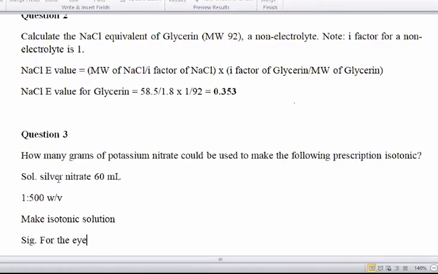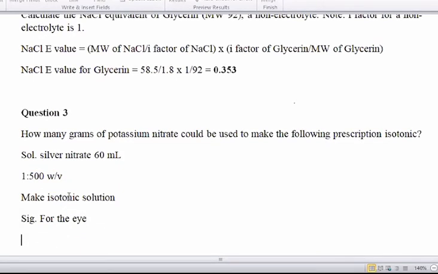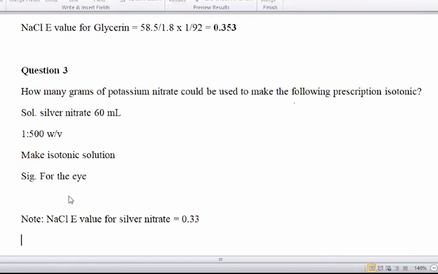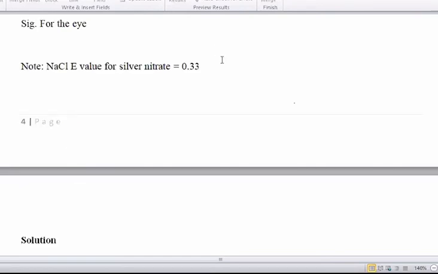Given a solution of silver nitrate, 60 mils, 1 to 500 weight in volume. So there are some things you need to take note of. 1 to 500 weight in volume. We already did this in class. Then you make an isotonic solution as eye drops for the eyes.